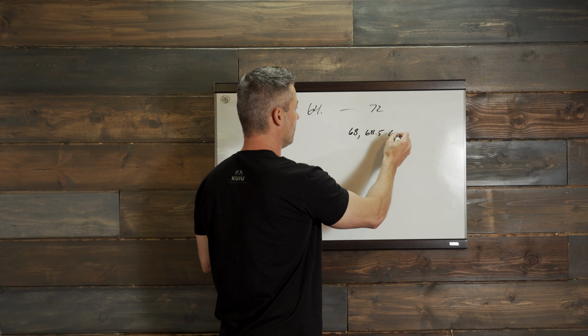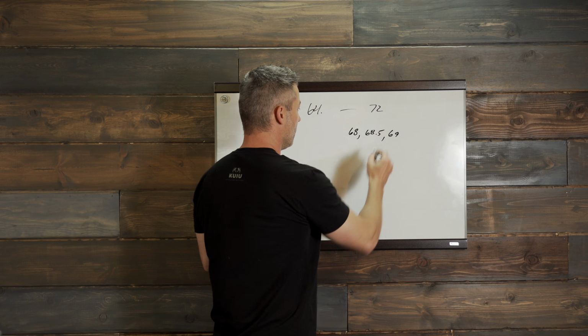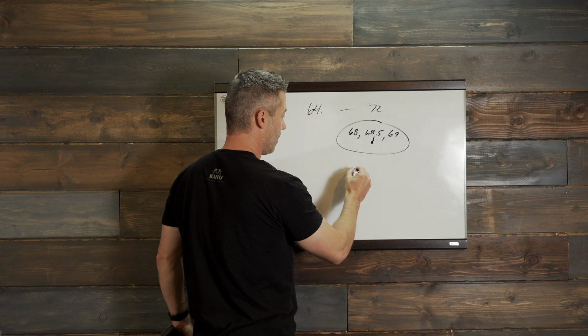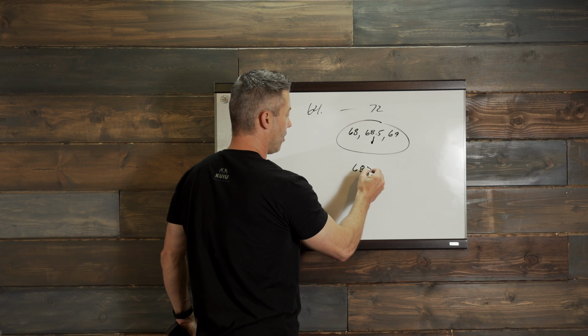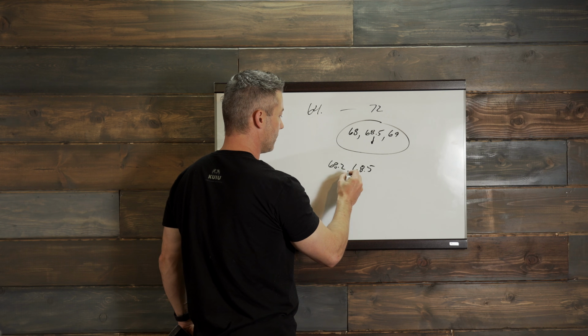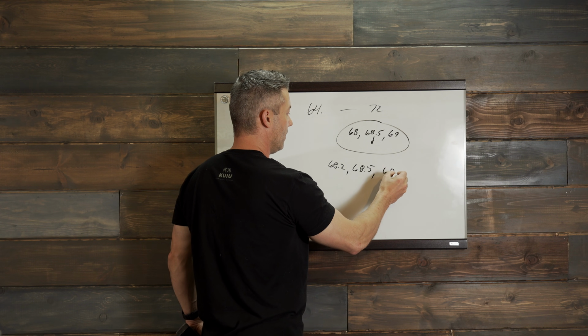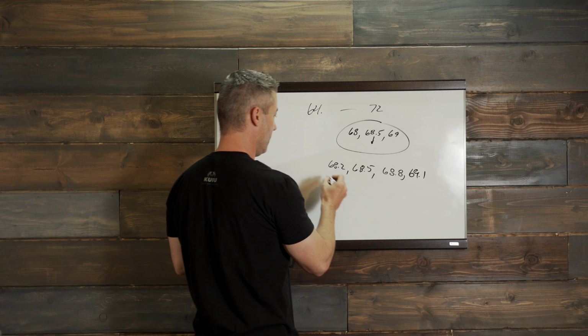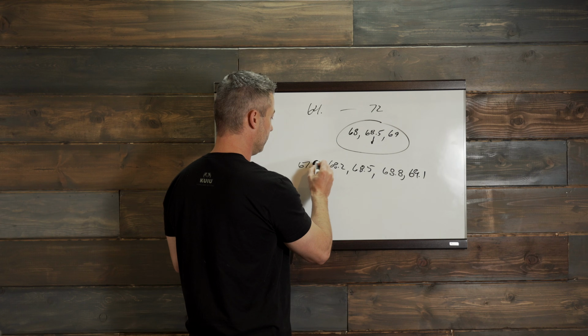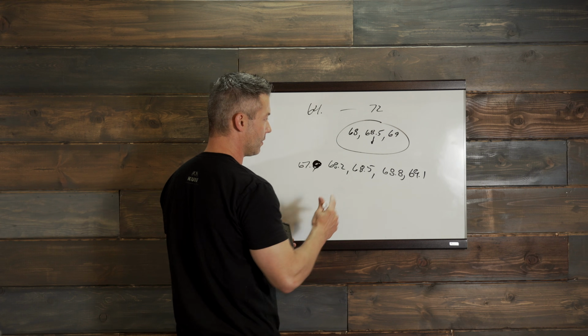68.5 and 69 grains. So now I can pick this one here, and we can make smaller increments in our powder changes. We can go 68.2, 68.5, 68.8, 69.1, and 67.9, and so on and so forth.